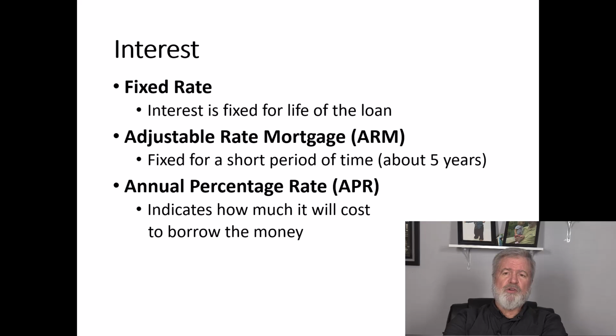let me just ask it this way. Let's say you go to lender A, and they say, we'll loan you this money at 7% interest. And then you go to lender B, because you're comparing here, which is a good idea. I think you should do that. And lender B says, we will loan you the money at 7.5% interest.